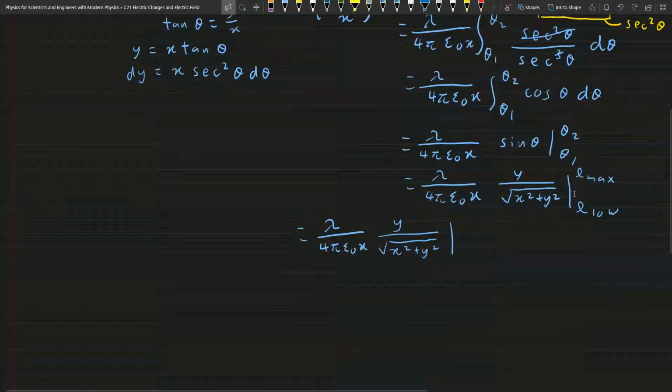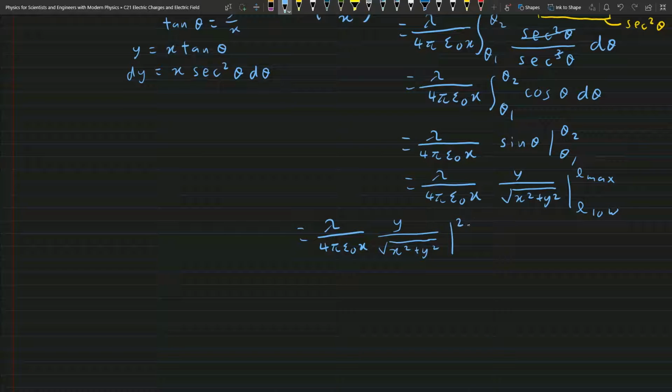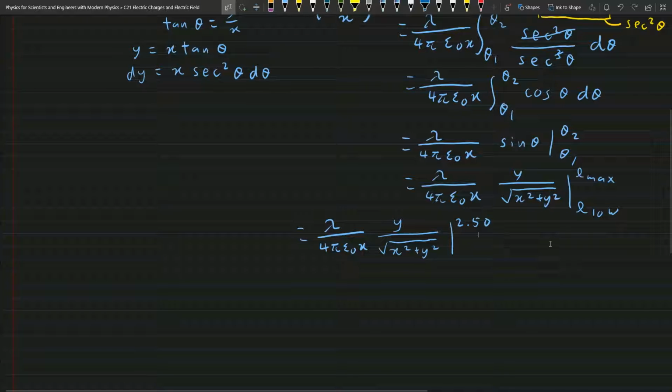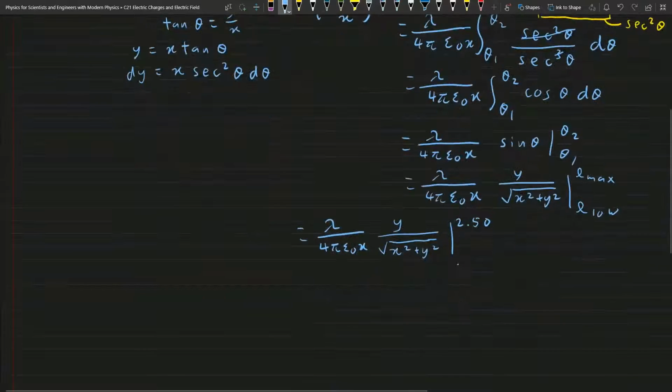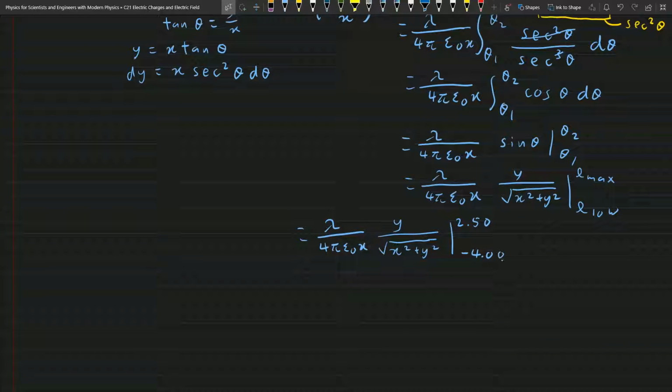So we can write down here 2.50, and the L low here refers to negative 4.0 meter. So negative 4.0.